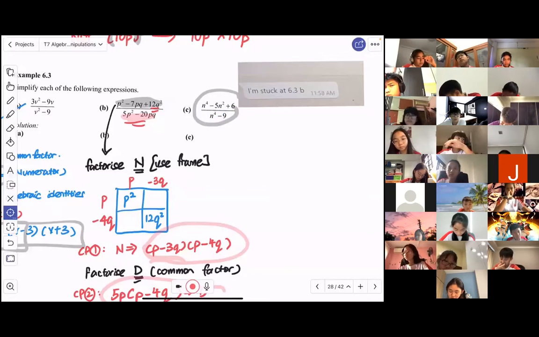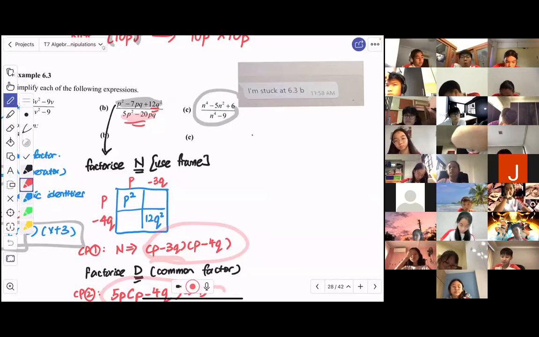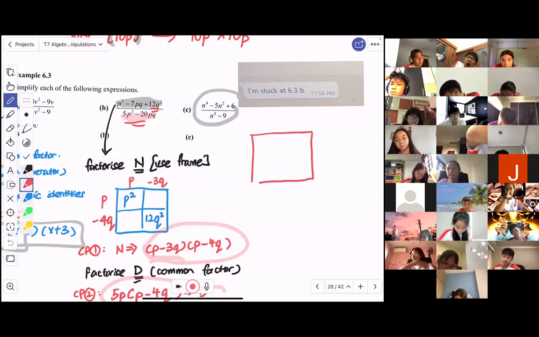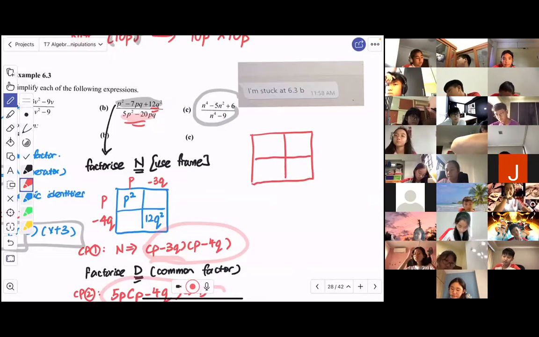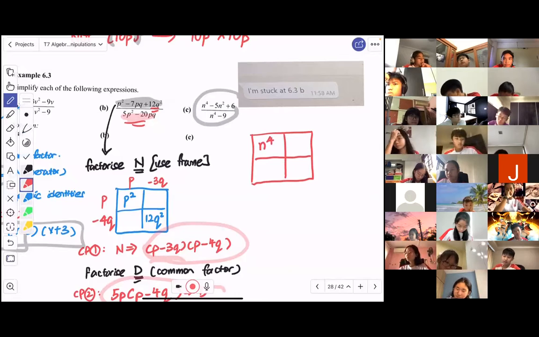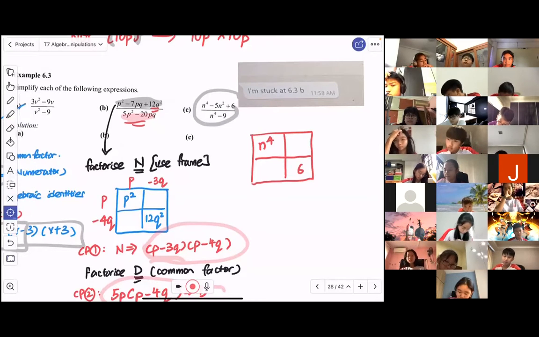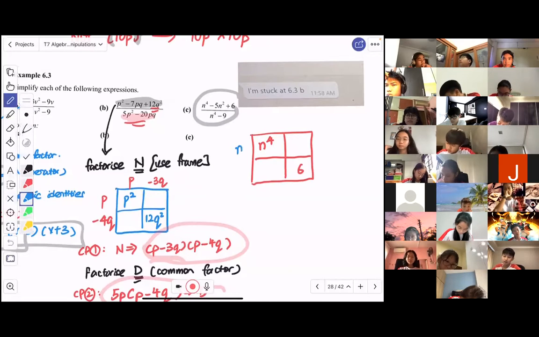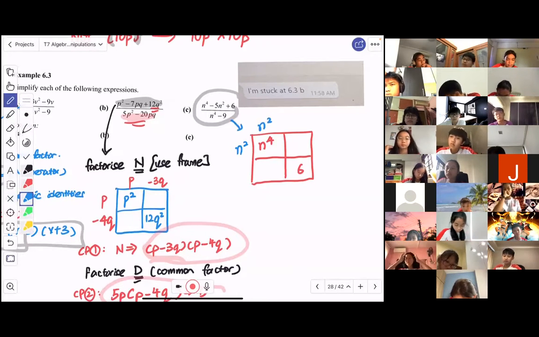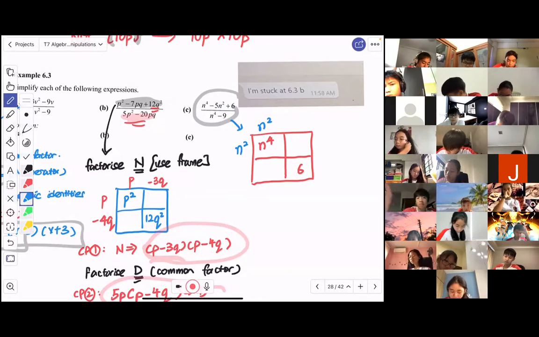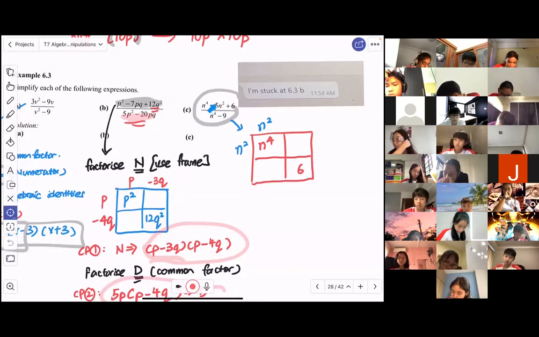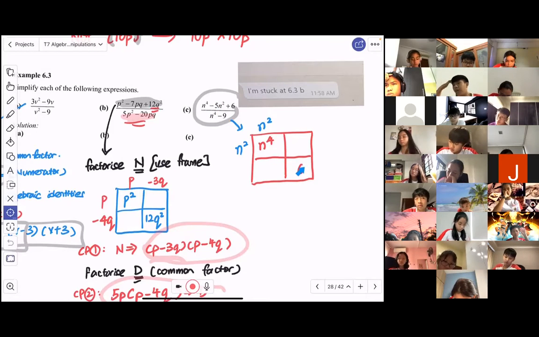It looks very scary, but can I say that n power 4 is like n power 2 times n power 2? Can I say that 6 is like, because you saw that there's a -5, right? So for 6, we need to change.